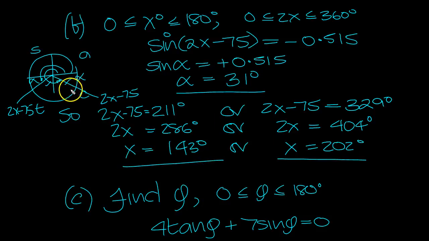These are the two answers inside the range, but the only thing is x goes... what's the problem here? Oh, we've gone round to 404. 329 is the right one. So 2x minus 75 is the angle in question, goes from minus 75 then to 285.